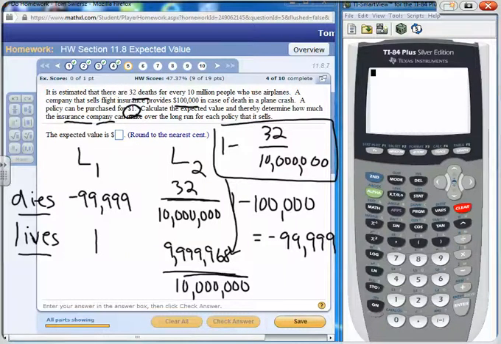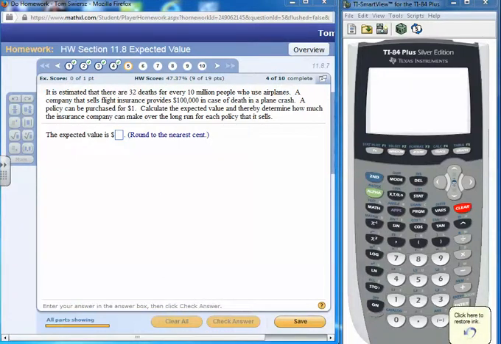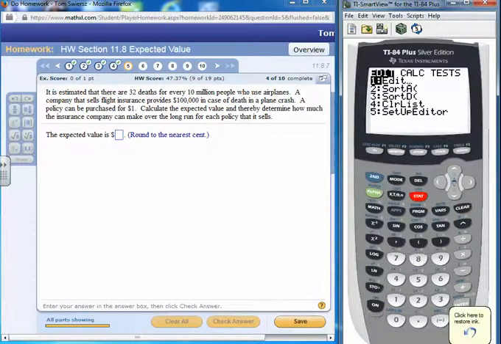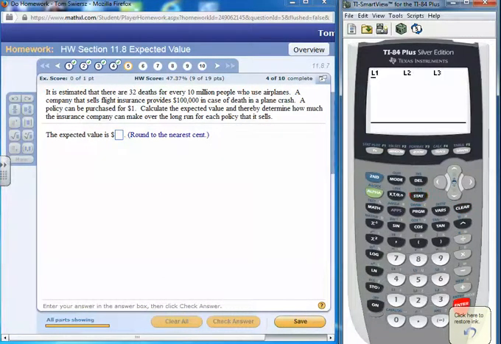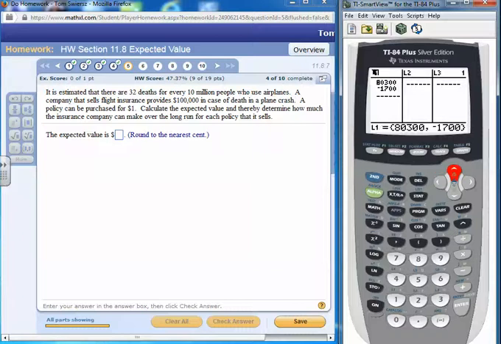Now again, if we want to use our list, we would go to Stat, we would go to Edit, and again, we've got to clear out our old values. So we use our arrow keys, highlight L1, I cleared it out. Now I'm highlighting L2, I hit clear.